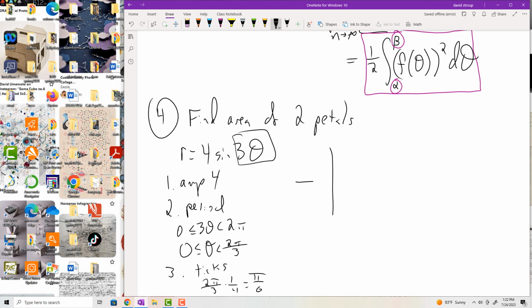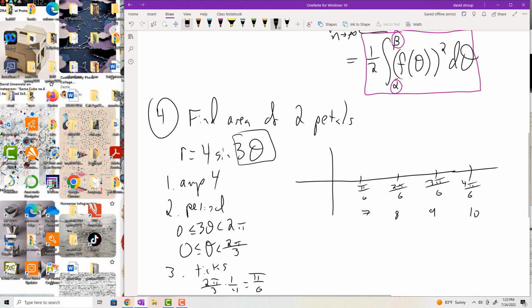Okay, so let me graph it in the r theta plane, just in case I need more tick marks.